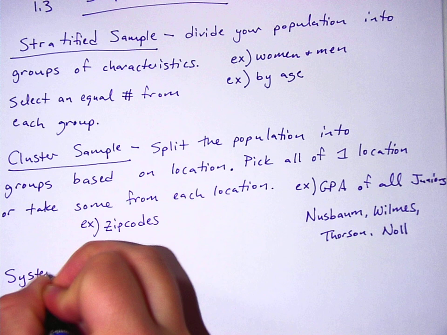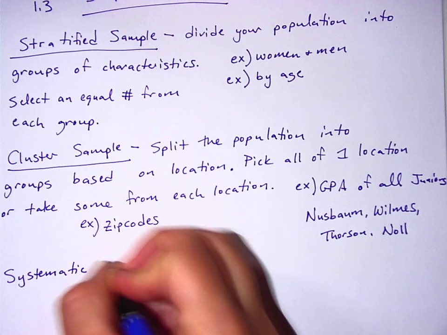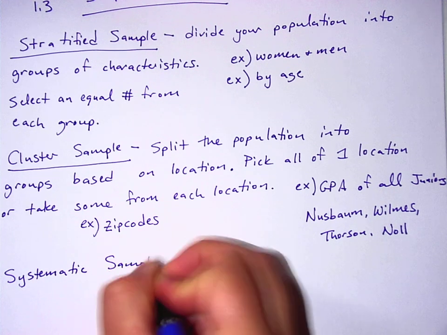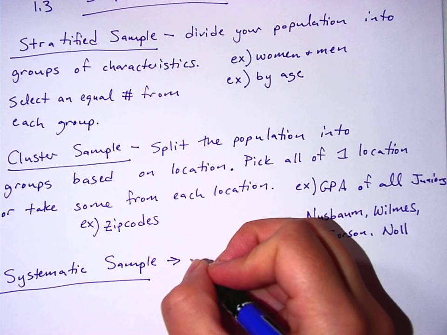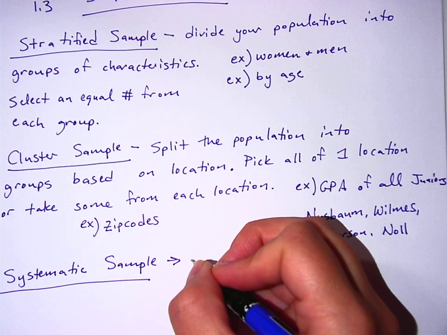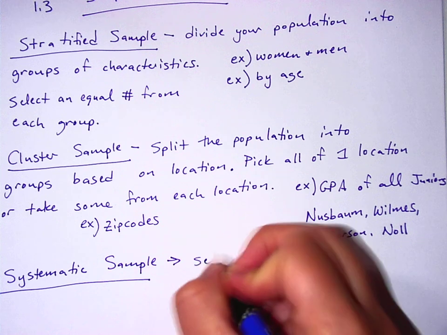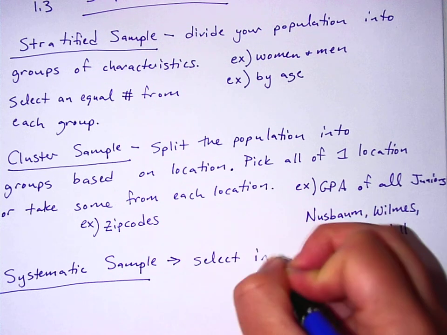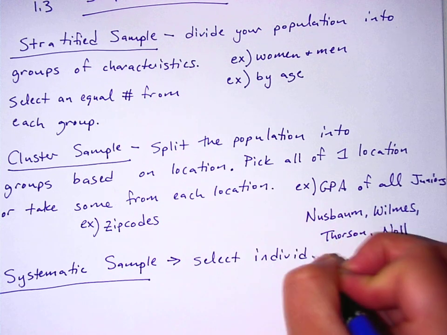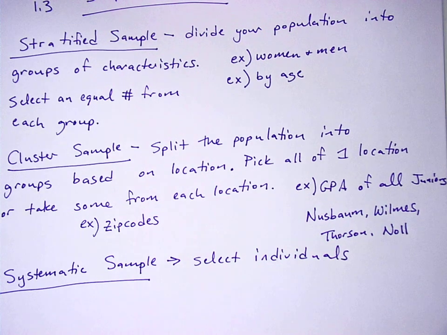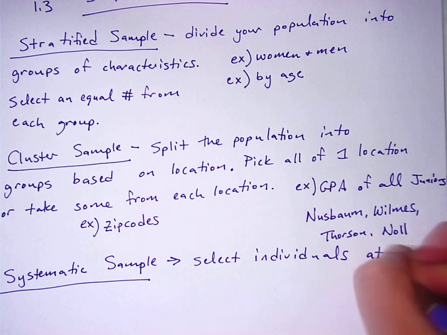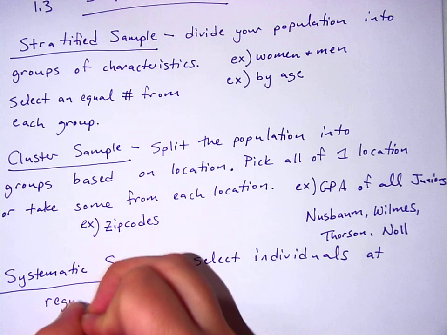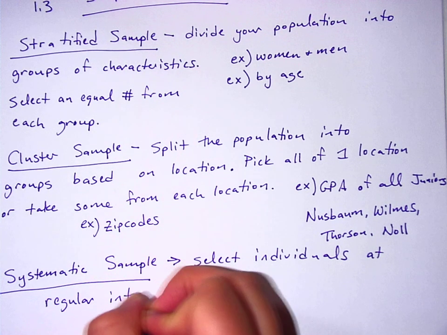Systematic is very easy to understand. Okay. So you select individuals at regular intervals.